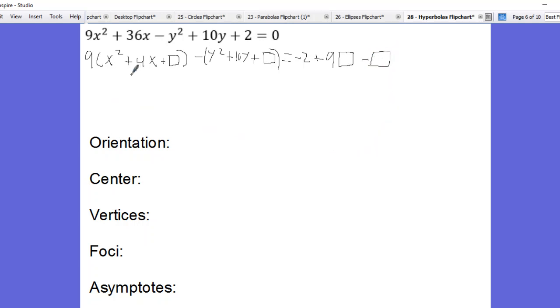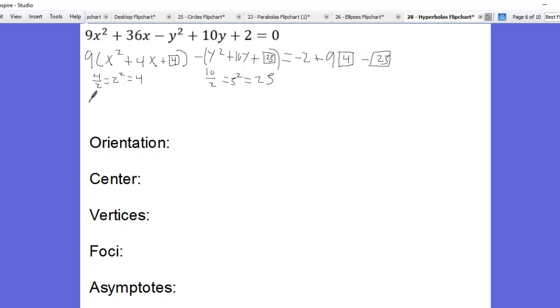So let's complete the square term for the x's. 4 divided by 2 is 2. 2 squared is 4. Complete the square for the y's. 10 divided by 2 is 5. 5 squared is 25. 2 squared is 4, so we have a 4 in this box. 5 squared is 25, we have a 25 in this box.